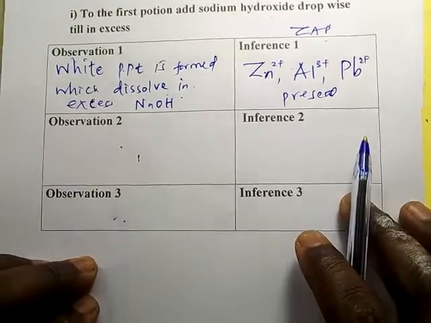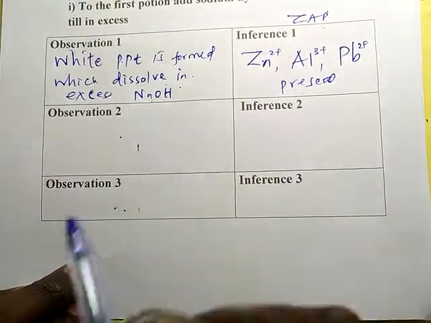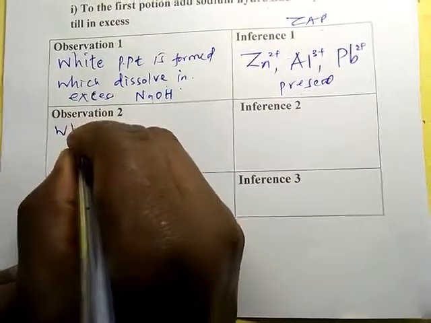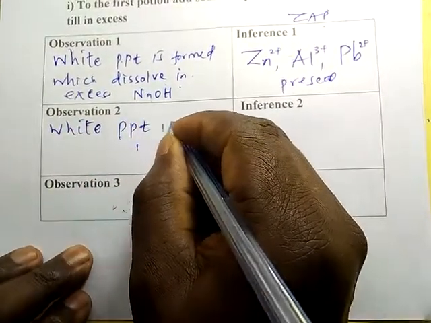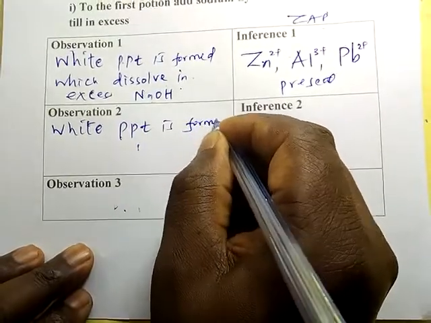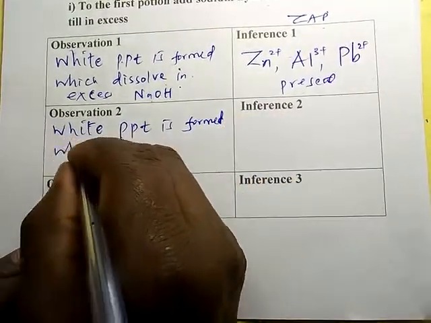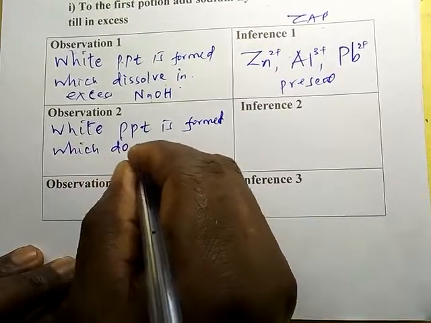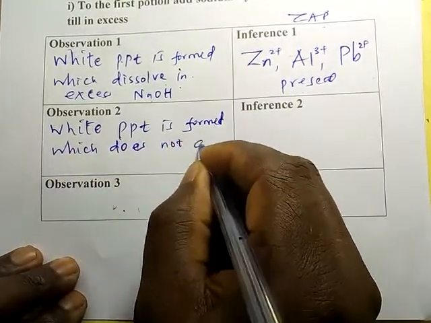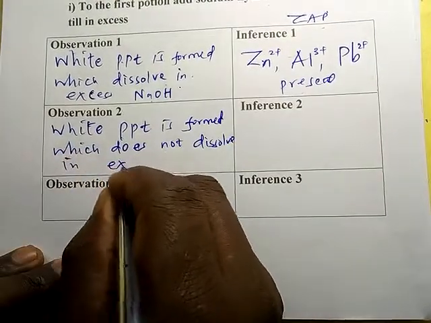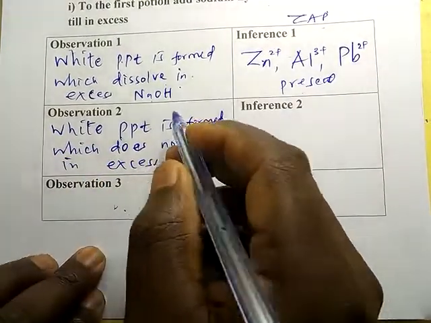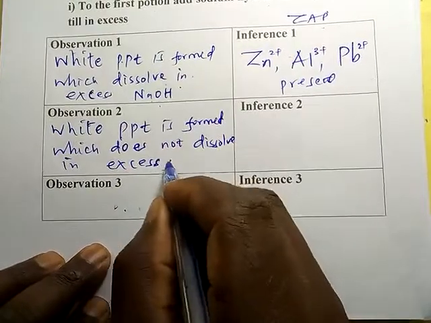So let us go to the second observation when you are using sodium hydroxide. A white precipitate is formed which does not dissolve in excess. We are using excess sodium hydroxide.